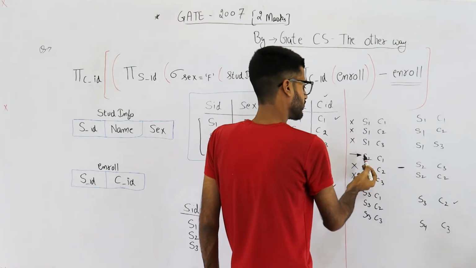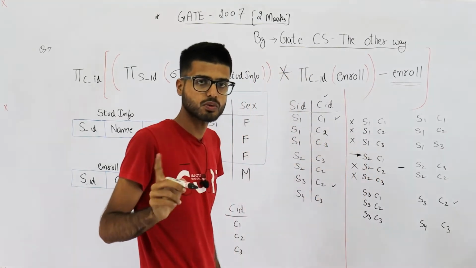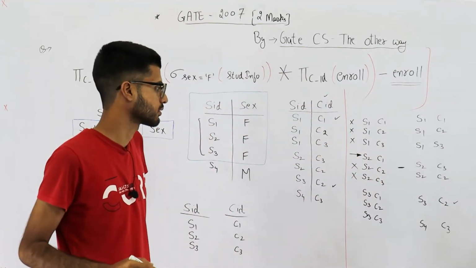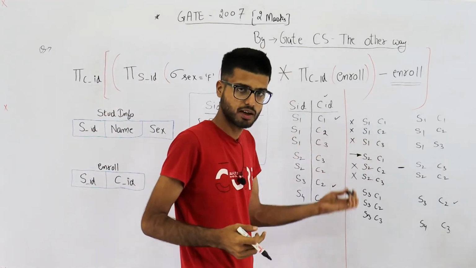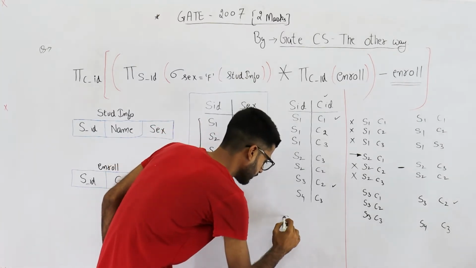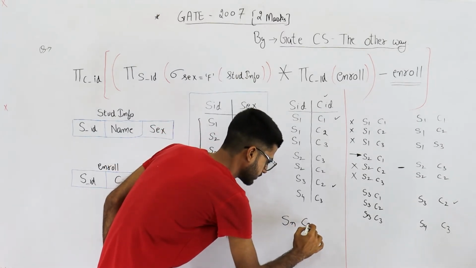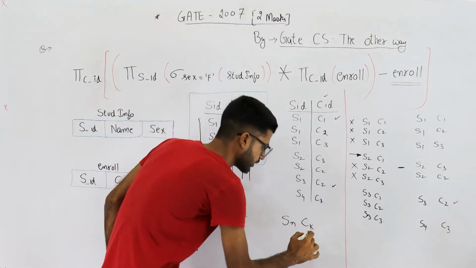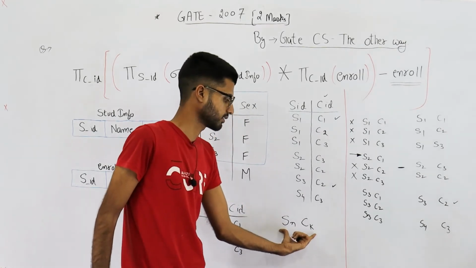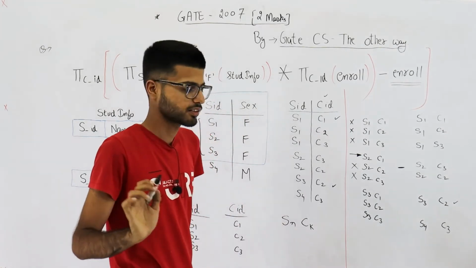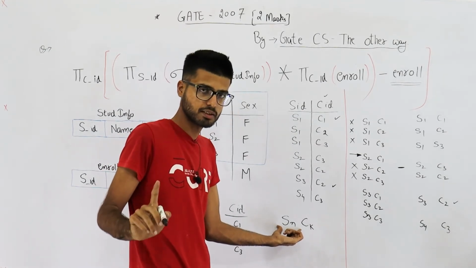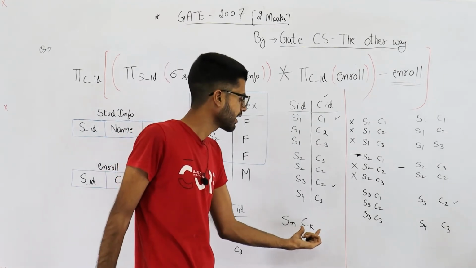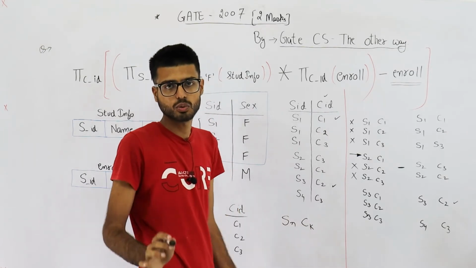So this female student which has not enrolled for some particular course, that row or that entry will be part of our result. For example, SNCK, if such an entry is present, it actually means student N, a female student SN, has not enrolled for course CK.